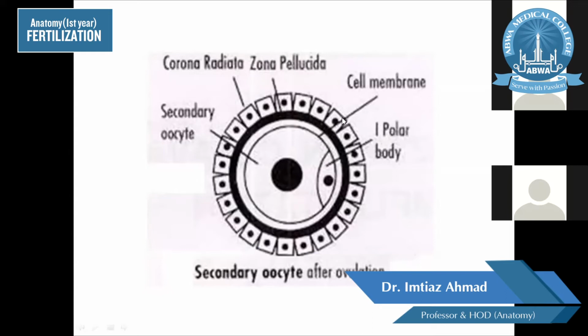And on the outermost side are a few layers of granulosa cells, or follicular cells, all around. This is known as the corona radiata. This is the simplest way of depicting the secondary oocyte after ovulation.